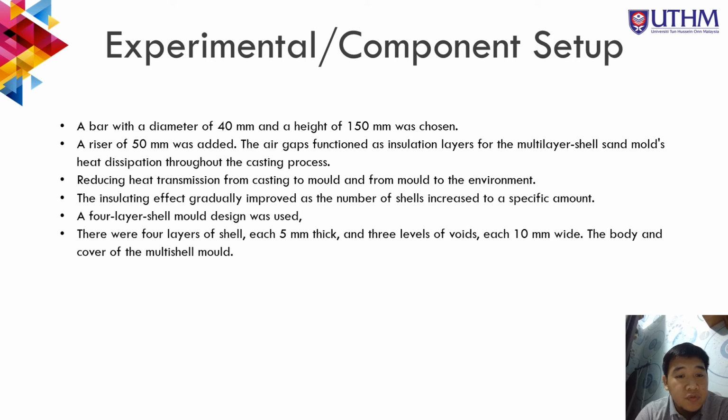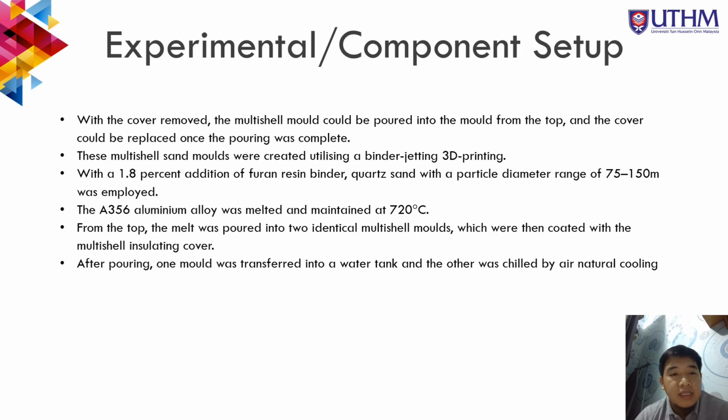There were 4 layers of shell, each 5 mm thick, and 3 levels of voids, each 10 mm wide. The body covers the multi-shell mold. Next, with the cover removed, the melt could be poured into the mold from the top, and the cover could be replaced once the pouring was complete.